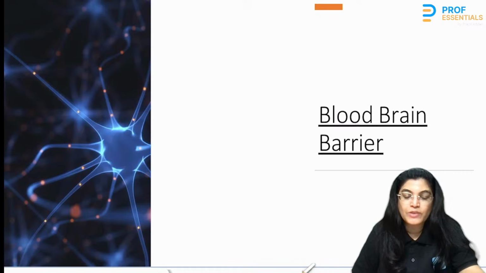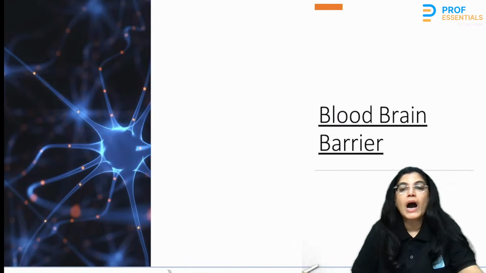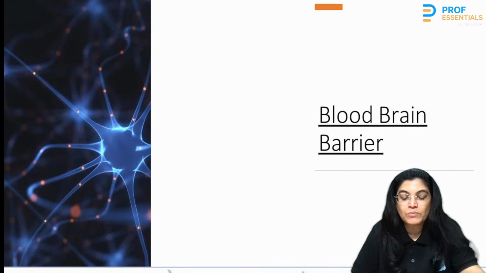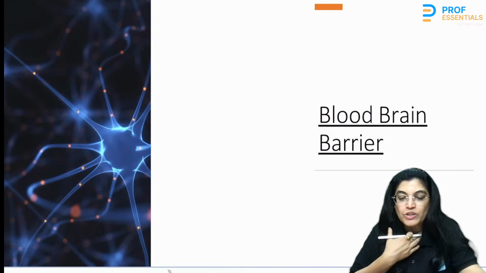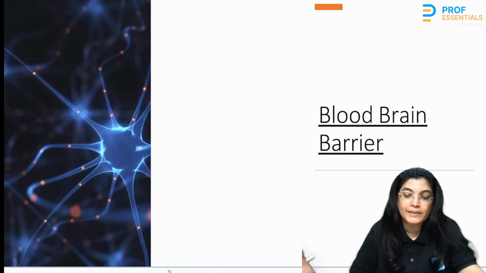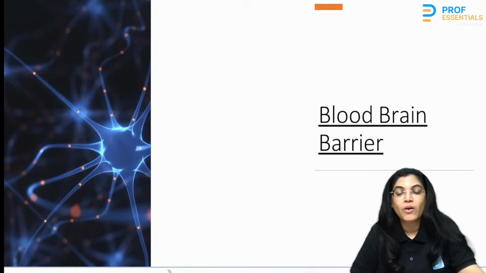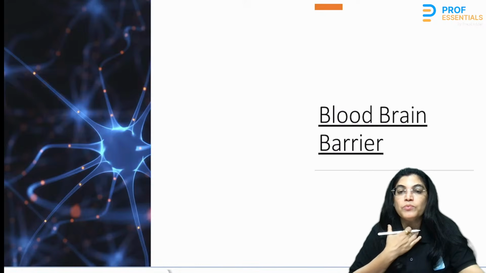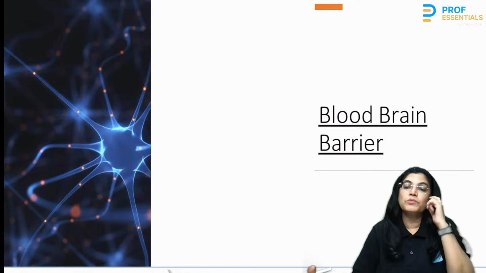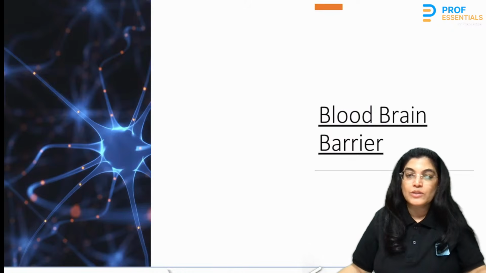This is an important function, and it is also important to know how the blood brain barrier is formed. It is formed by the capillary endothelial cells, the basement membrane of the endothelium, and the end feet or foot processes of the astrocytes, that is neuroglial cells.